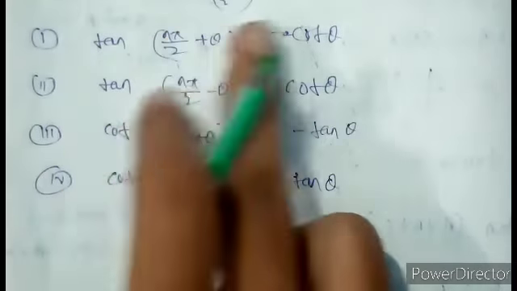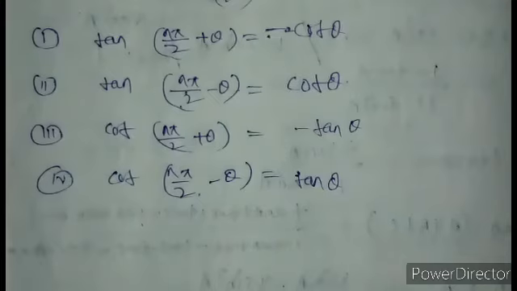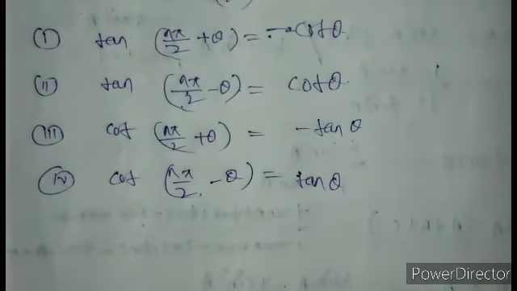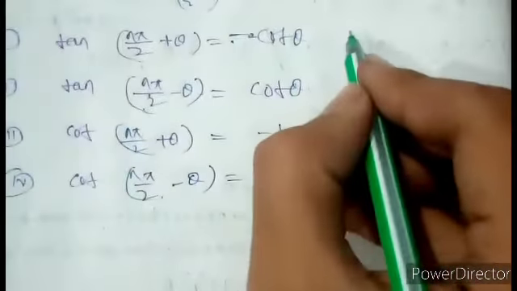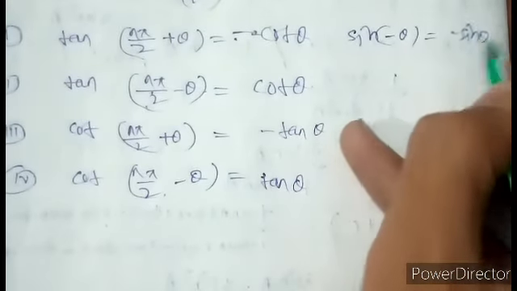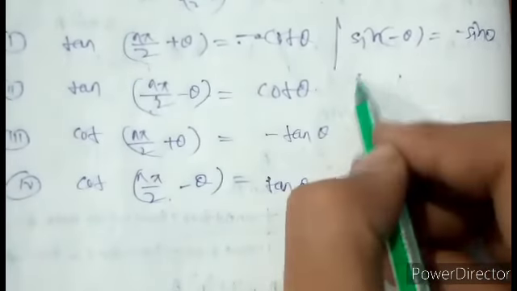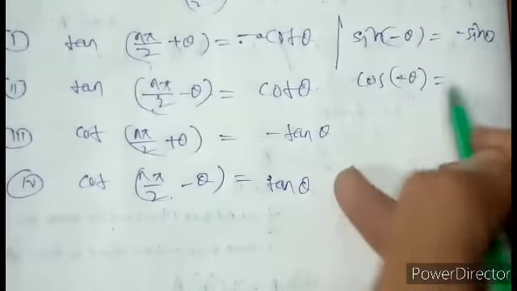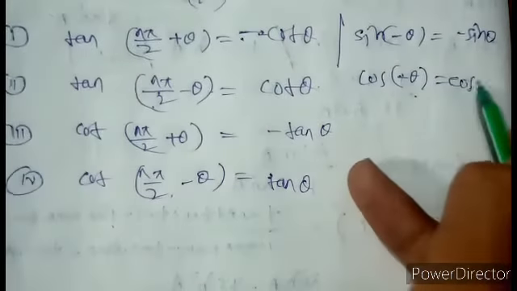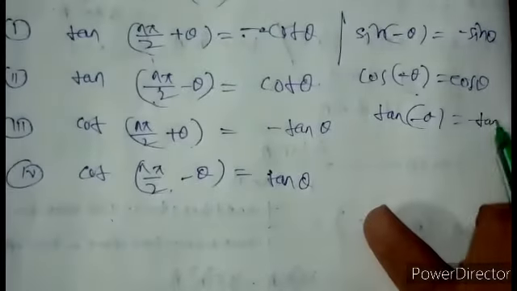This is the relation of the logic. We will also know that sin(−θ) is equal to minus sin θ, cos(−θ) is equal to cos θ, and tan(−θ) is equal to minus tan θ.